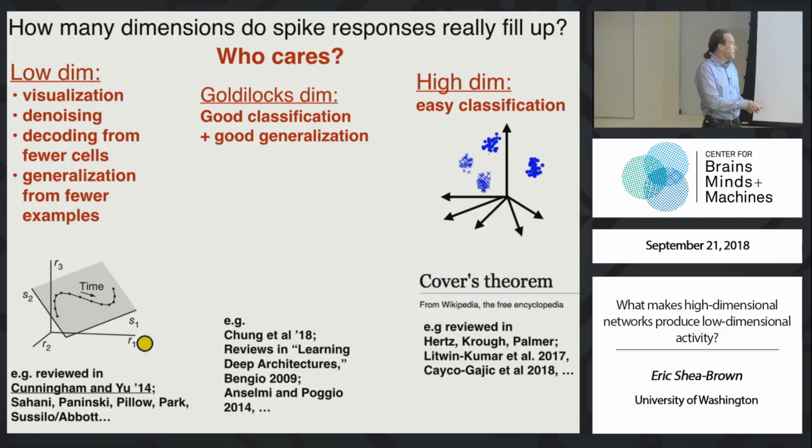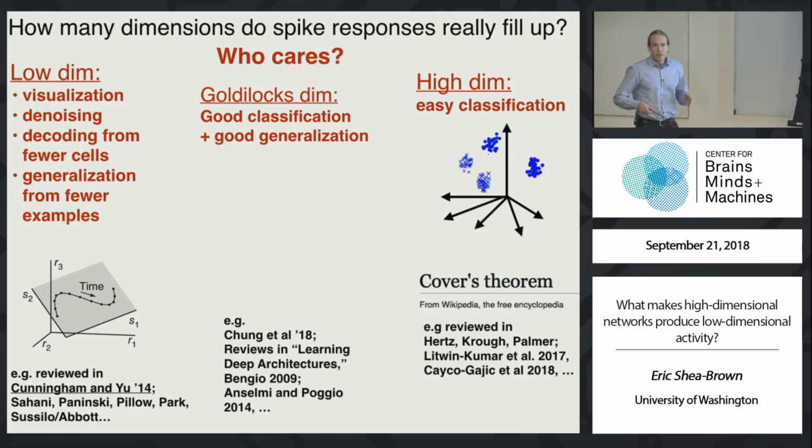Reviews of these ideas are included in Chung and Sompolinsky et al., as well as this beautiful review by Bengio on representations, but are also contained from a different angle in work by your other colleagues here, such as that paper listed. Okay, so that's why I think you should care about this. If you disagree, you can bail, but that's the motivation slide for why we should be thinking about representation dimension in brains in the first place.